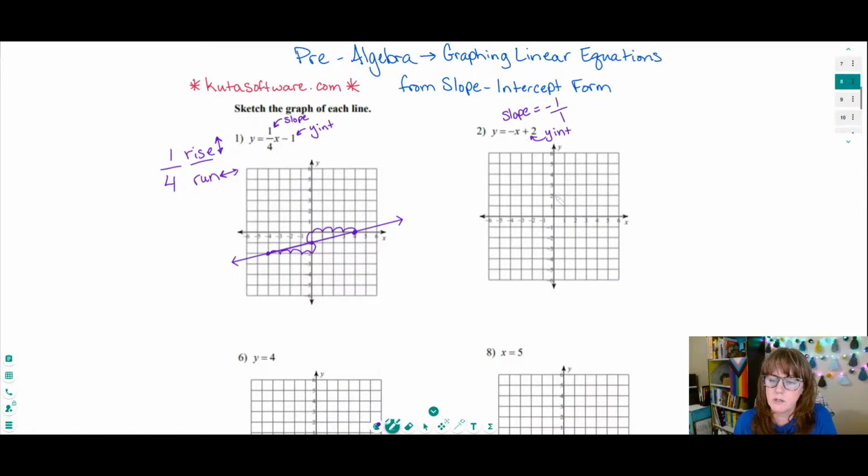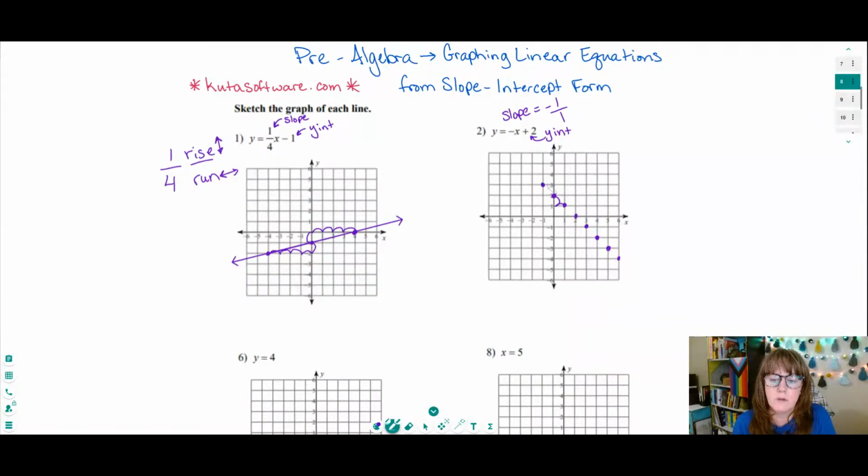So let's start there with the y-intercept at positive 2. And then our slope of negative 1 over 1 means we're going to move down 1 unit and over to the right 1 unit. Down 1, over to the right 1, down 1 over 1. As you can see, all of these are lining up in a nice straight line. I like to graph as many points as possible.